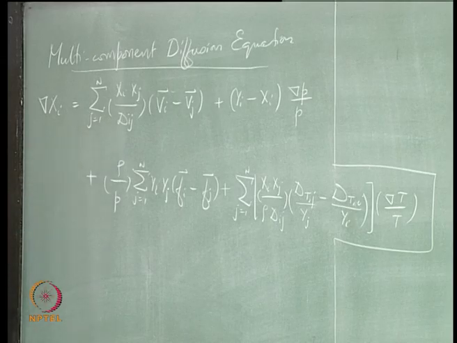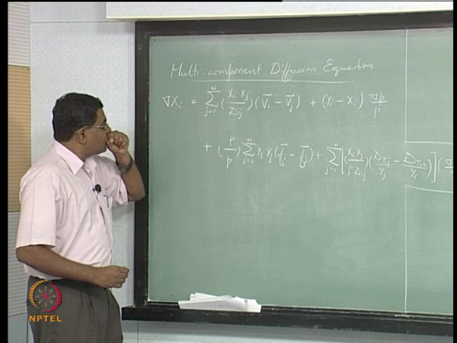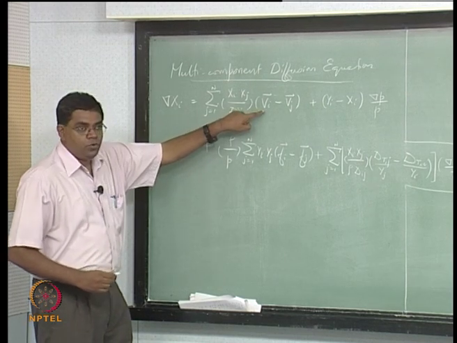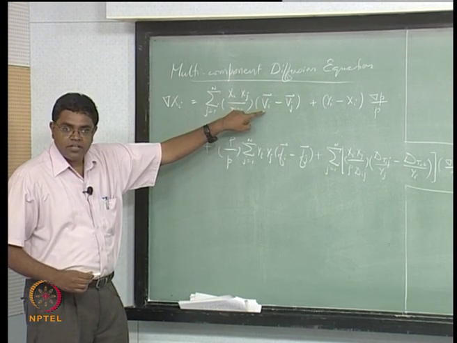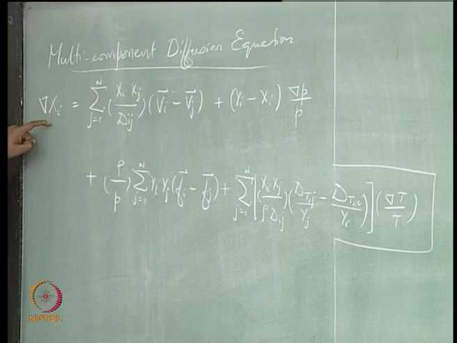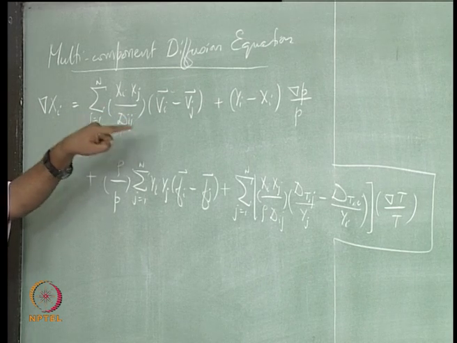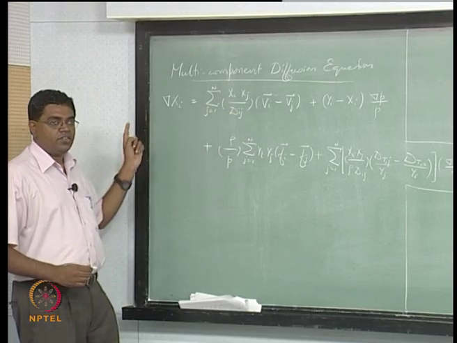Because how can I tell that? Because I started out looking for a relationship between the mass diffusion velocity of species i and its concentration gradient.